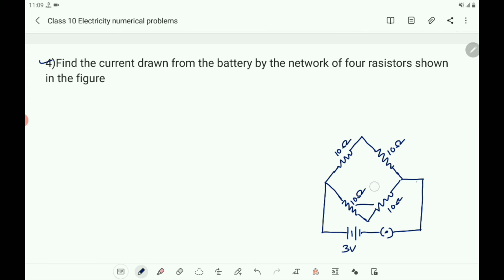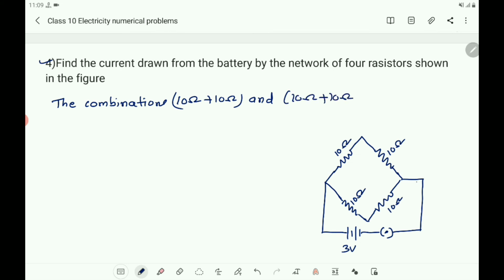So you take the result: the combinations 10 ohm plus 10 ohm and 10 ohm plus 10 ohm are connected in parallel.